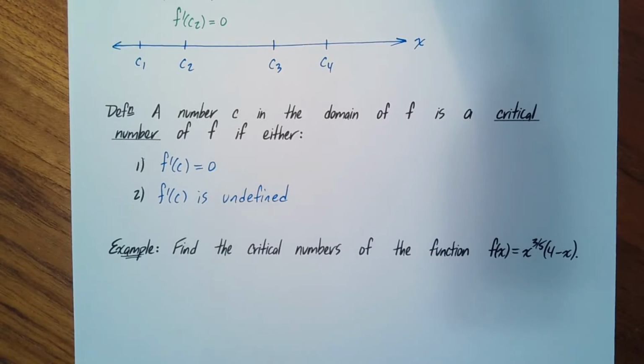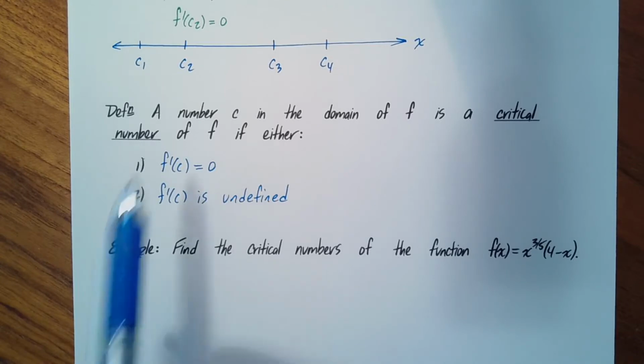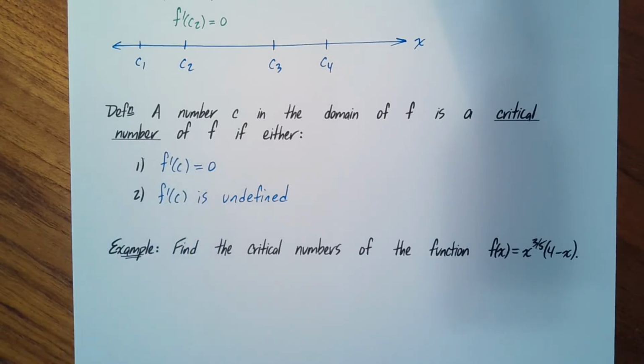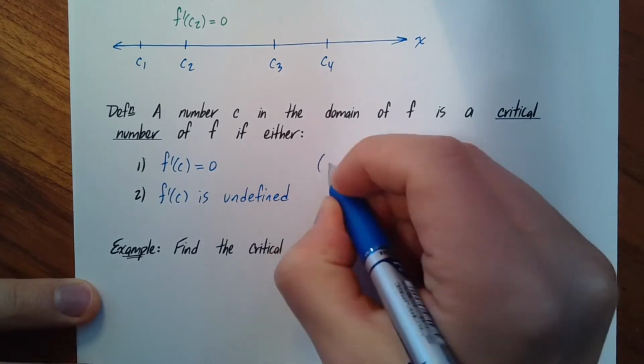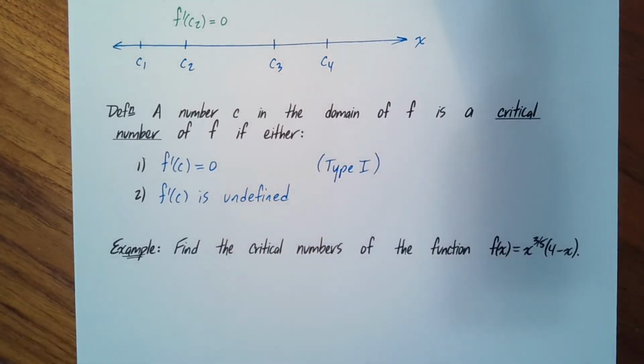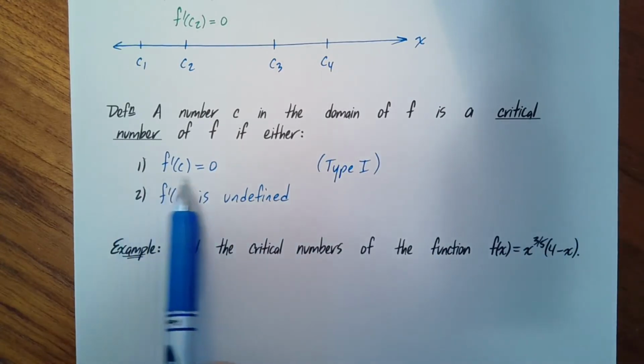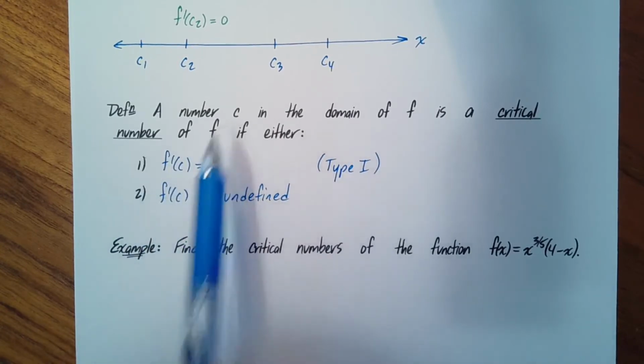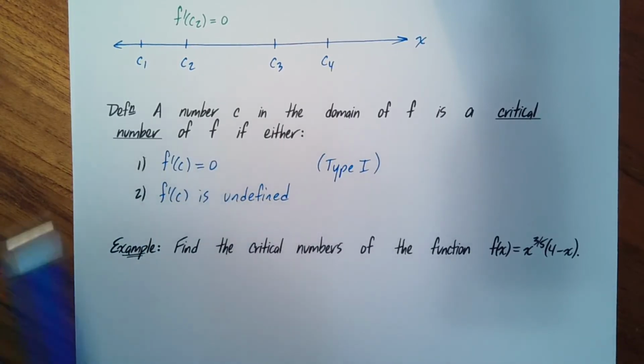And I like to give them names because I find it's useful for distinguishing between which one of these statements is true. So I like to call these type 1. So a type 1 critical number of a function f is a number c in its domain such that f prime of c is equal to 0.